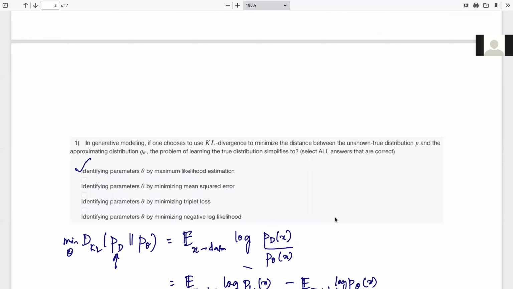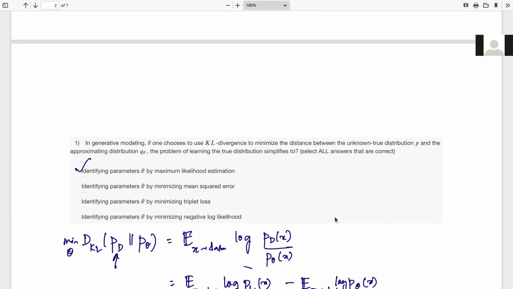For this, we use metrics like KL divergence or JS divergence, and so on. These are the metrics which are mainly used to measure the distance between two different distributions. As I said earlier, in generative modeling, the goal is to find the theta which can minimize the distance between the true and the learned distribution.